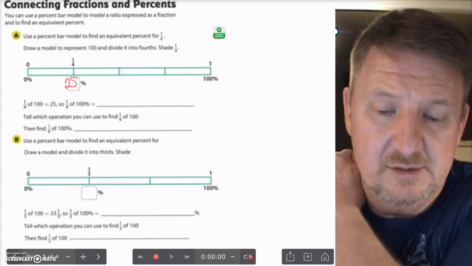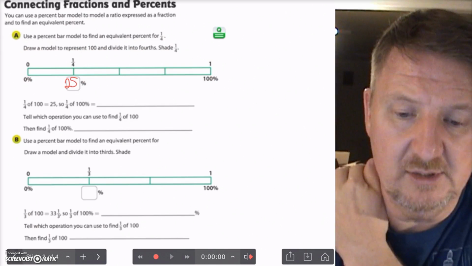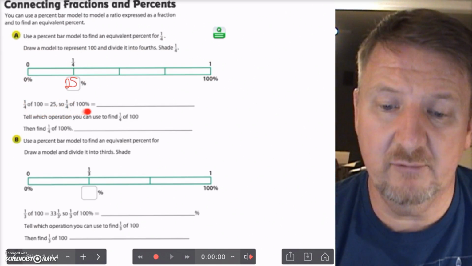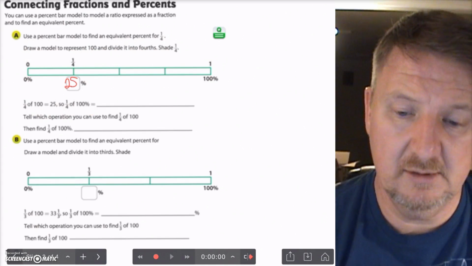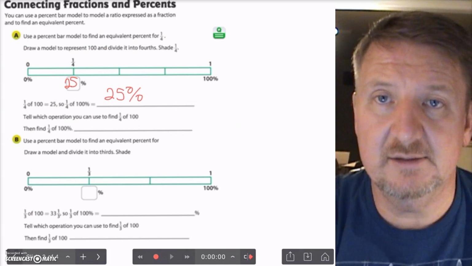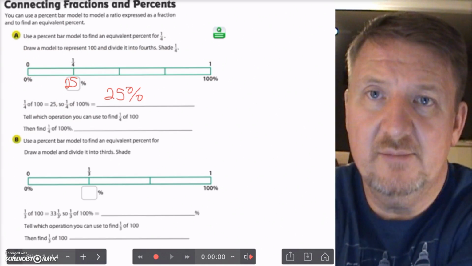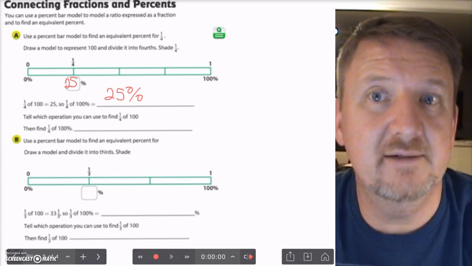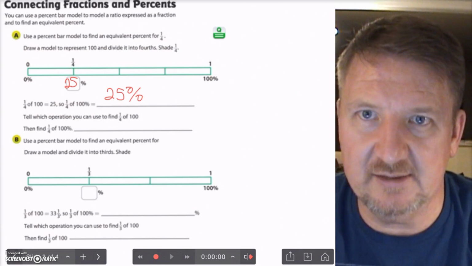Here in this statement, it says 1/4 of 100 equals 25. So 1/4 of 100%, guess what? 25%. So 1/4 of 100 is 25, and 1/4 of 100% is the exact same thing, 25%.